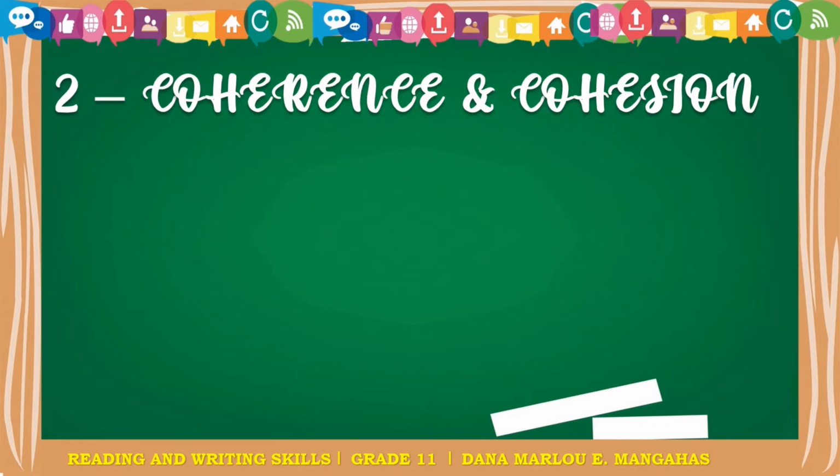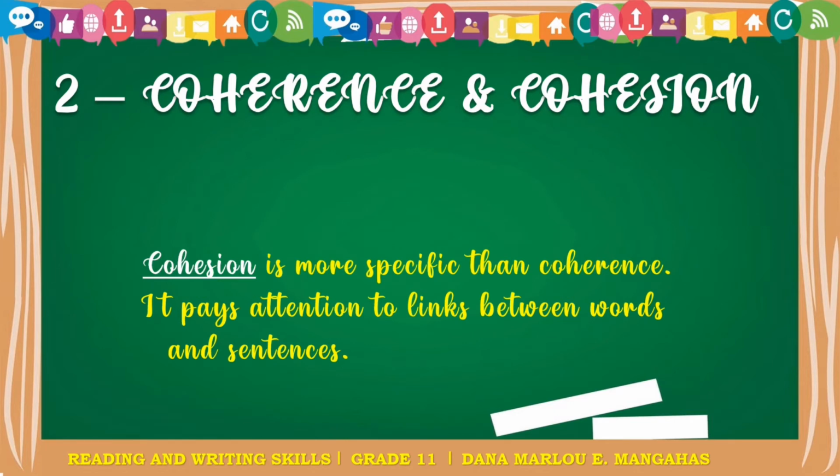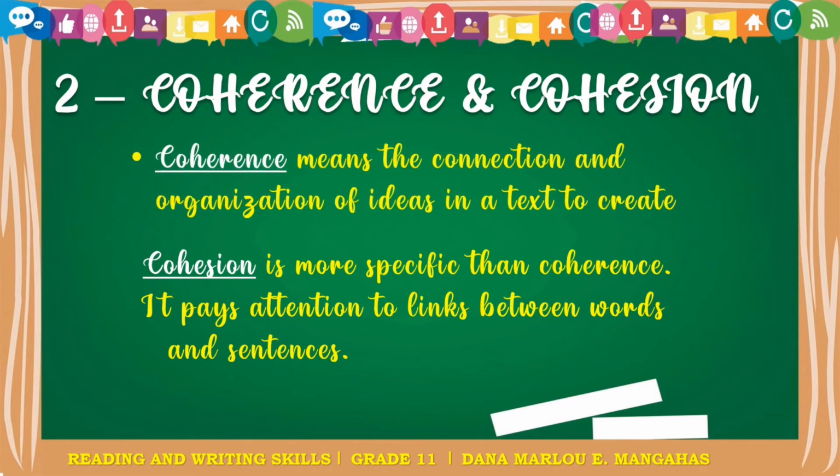On the other hand, cohesion in writing means unifying ideas by binding words, phrases, sentences, and paragraphs. Thus, it shows relationships and smooth text flow. While coherence focuses on the overall structure of the essay, cohesion is more specific.